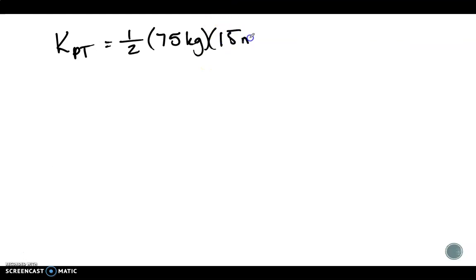It'll be 15 meters per second plus or minus 1.5 meters per second, squared. Right? Okay. So now we will have two slightly different answers. So we'll have 0.5 times 75 times (15 plus 1.5) squared.